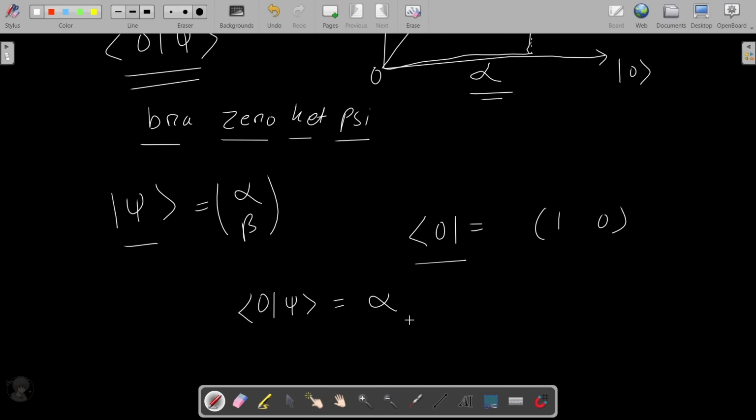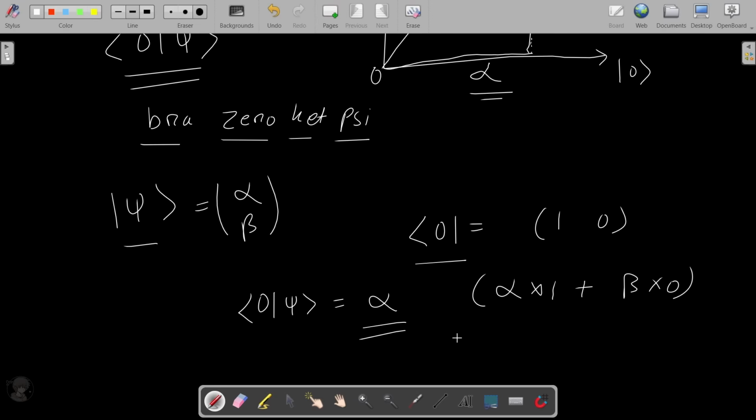If you don't know, I just multiply alpha with 1, then add that to beta multiplied by 0. Anything multiplied by 0 becomes 0. So alpha into 1 plus beta into 0, and alpha remains.